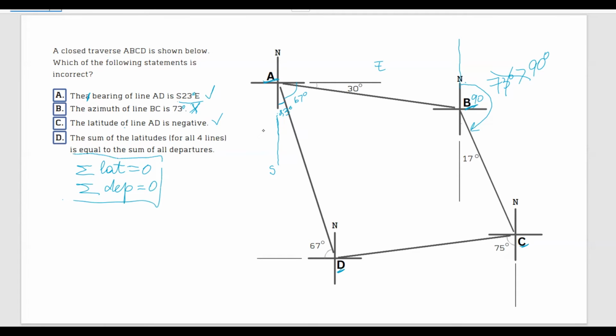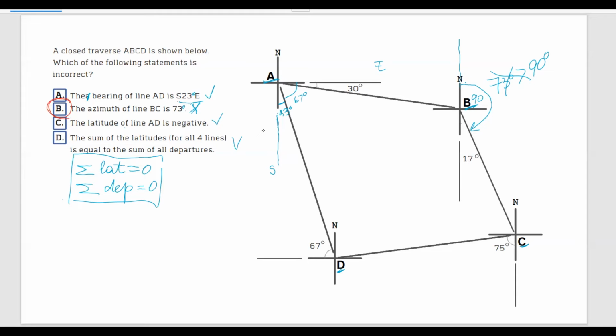So this is something very important to remember: the sum of departures and the sum of the latitudes each equal 0 in a closed traverse. So this is also correct. So the correct answer here is B. The azimuth of line BC is not 73 degrees.